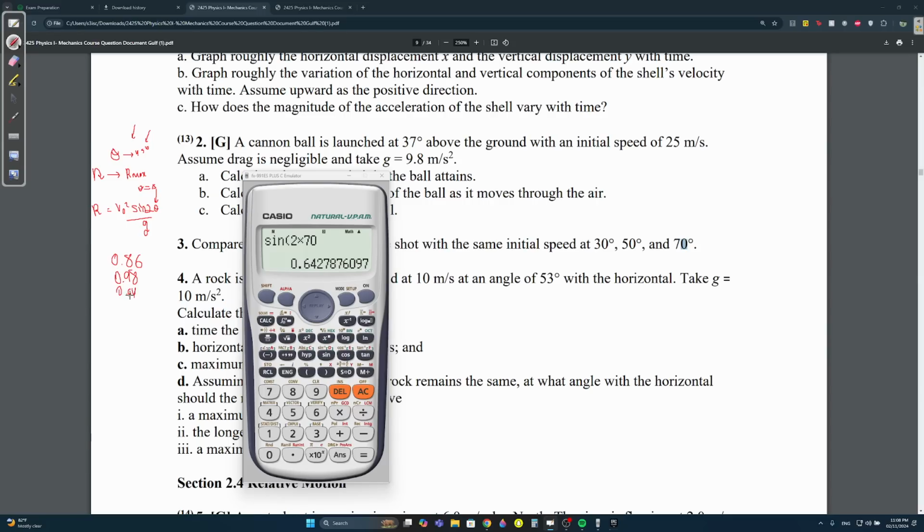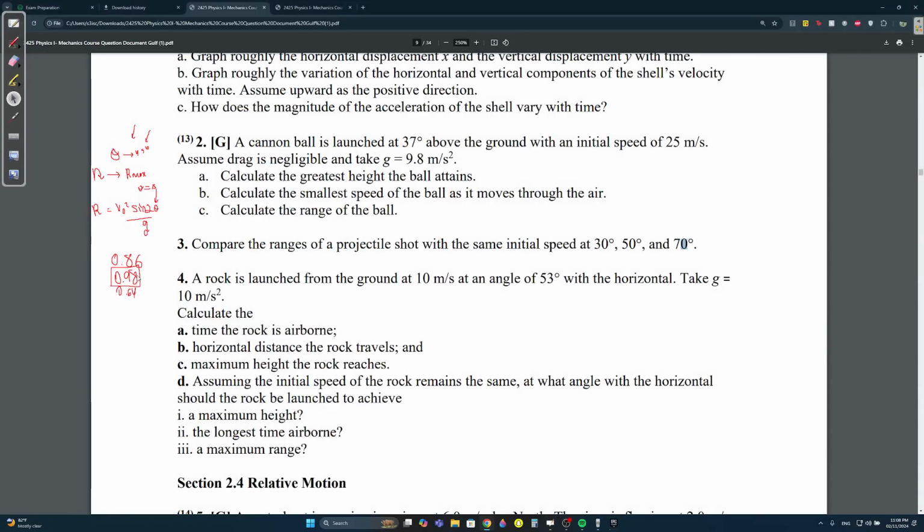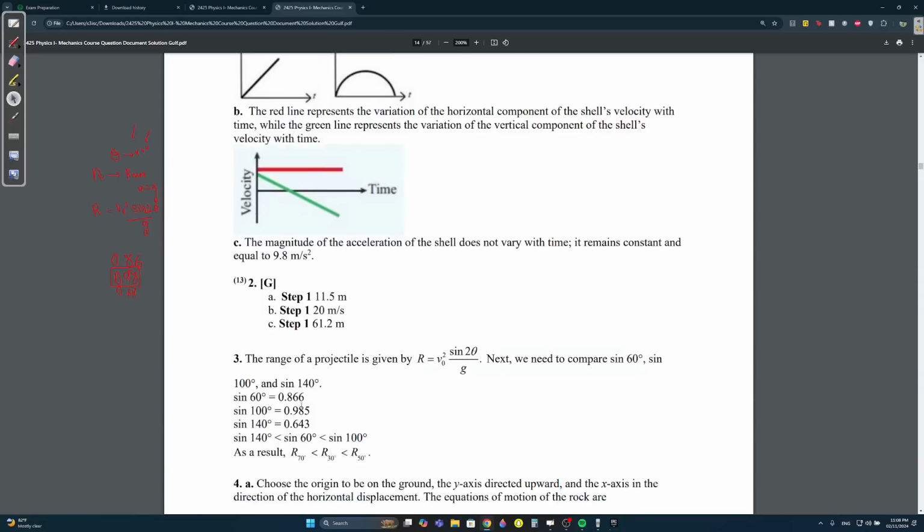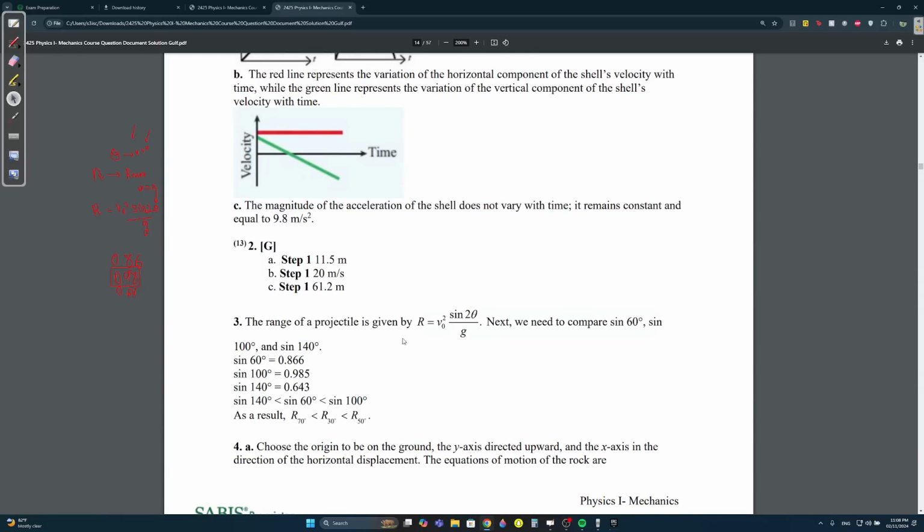Which one's the highest value? 50 degrees. So the highest range is at 50 degrees, the second highest is at 30 degrees, and the lowest is at 70 degrees. They did 2 times theta and got these values, so this is what we got here.